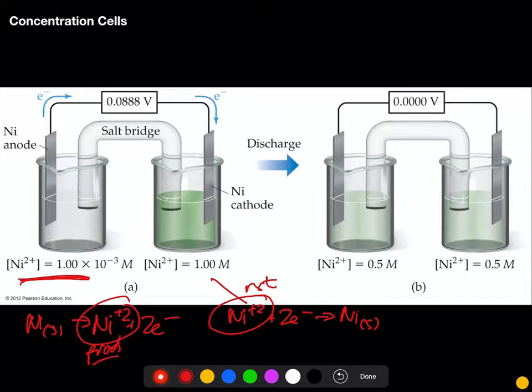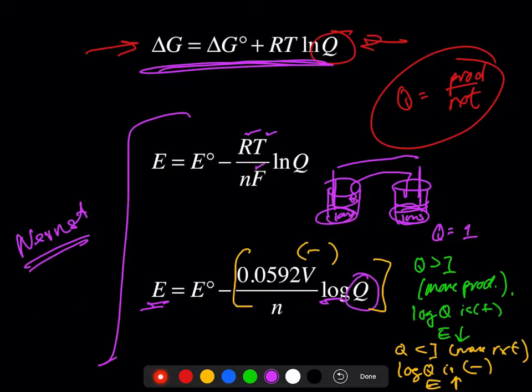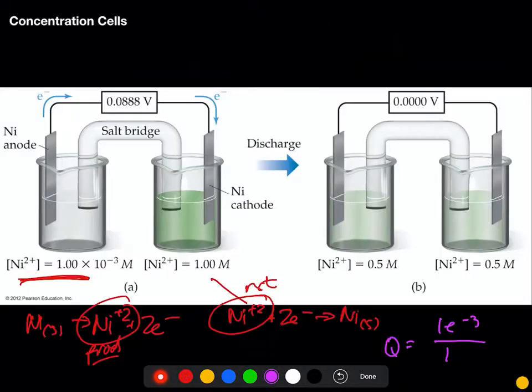So then if we look at what my Q is going to be, products, which is 1e negative 3, over my reactant, which is 1, means that my Q value is less than 1. Going back to my Nernst equation, we are in this scenario where we are going to push the reaction forward, which is why we're going to get our electrons to flow until we reach a point where my concentration of ions are equal.